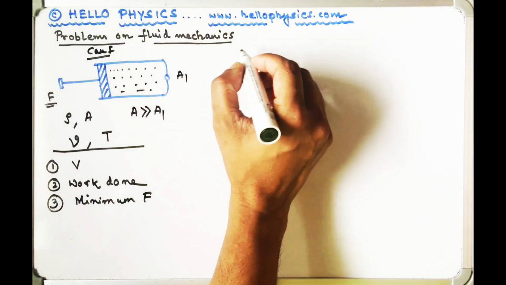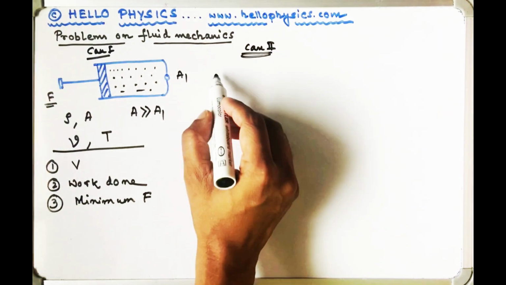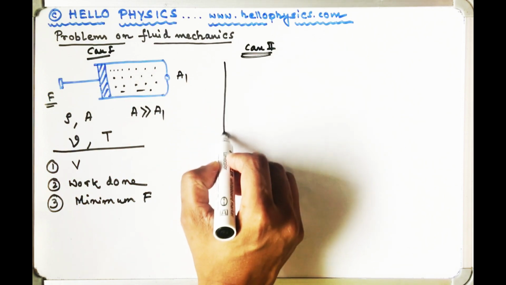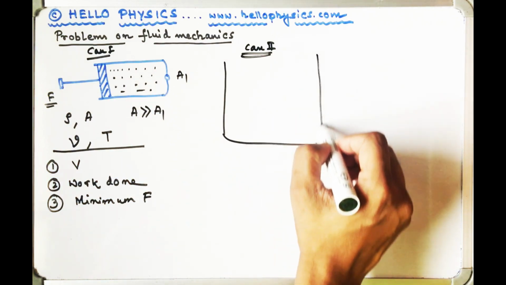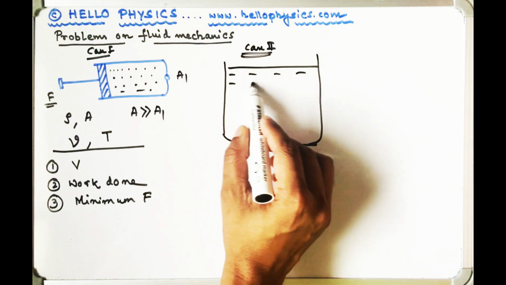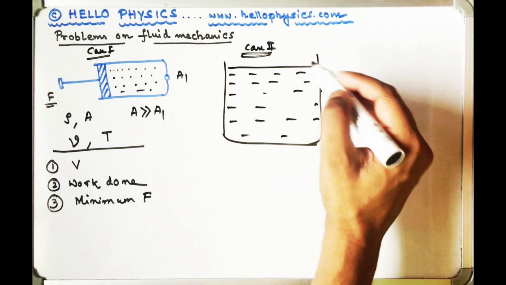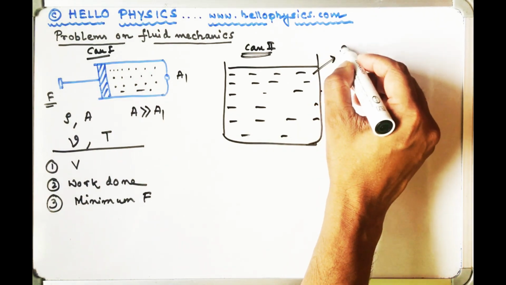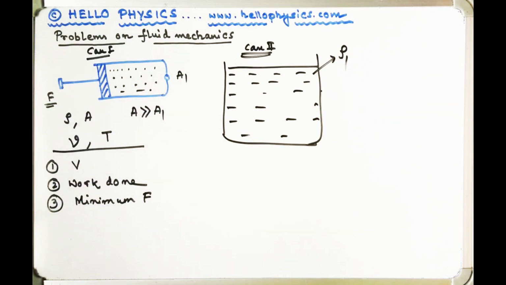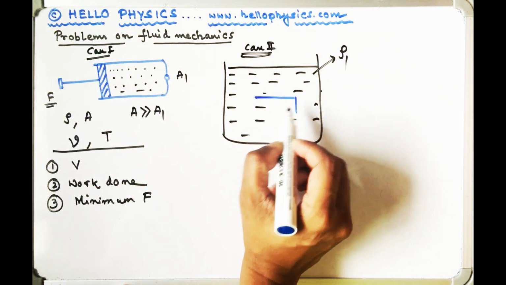Let me state case 2 also. So case 2 is that this entire system is kept inside a container containing some other fluid. So there is a container containing some fluid which has a density of, let's say, rho 1, and the piston along with this fluid is kept inside it.